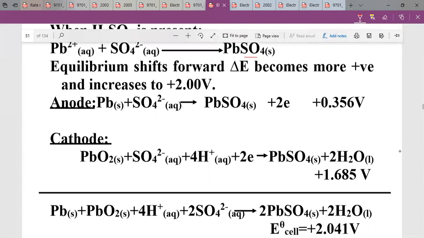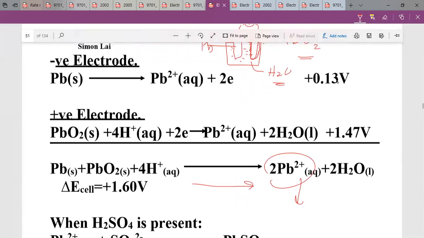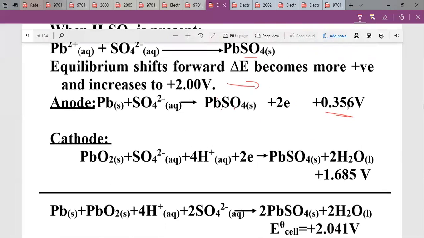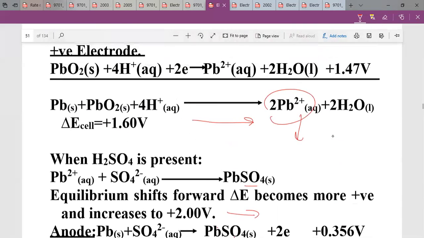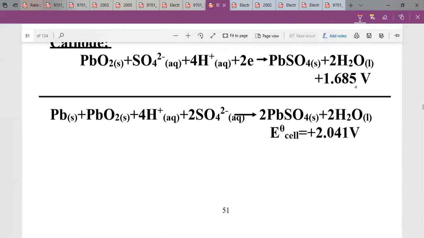Now here you can see, you put PbSO4 here with the SO4, with the Pb2+, and this one will increase, pushing it forward. From originally 0.13 to 0.356 positive, and 1.47 to positive 1.65. So the whole thing is increased.